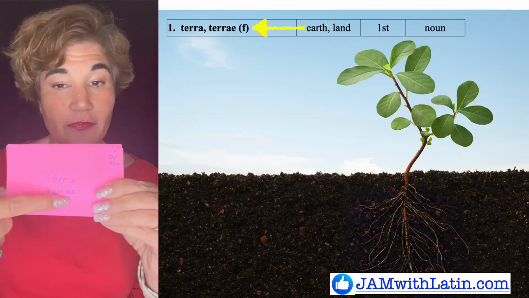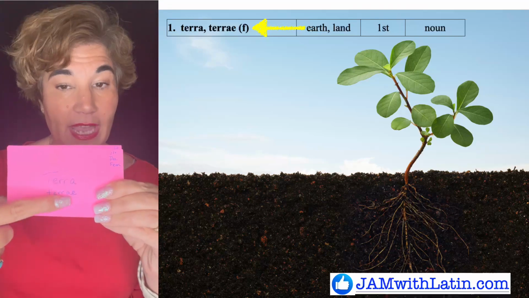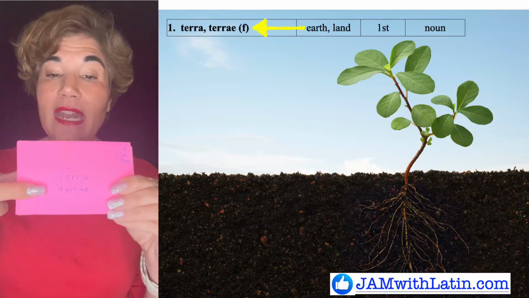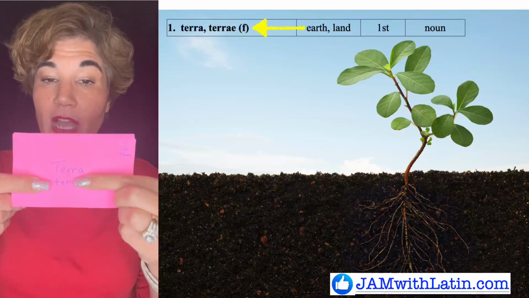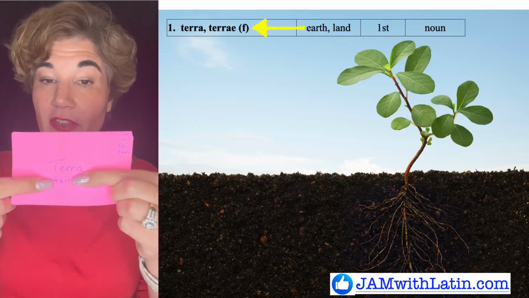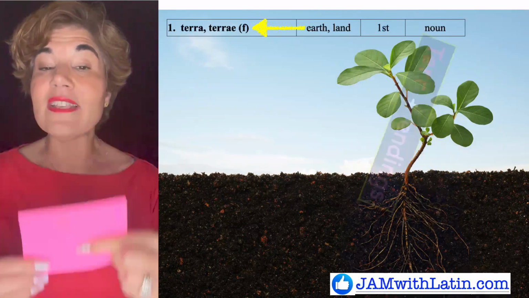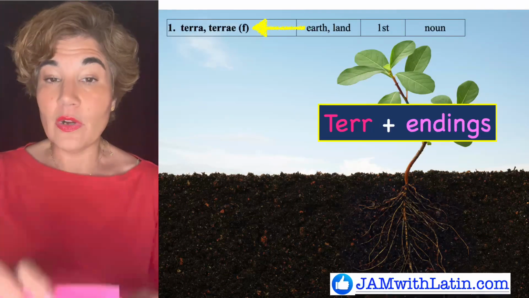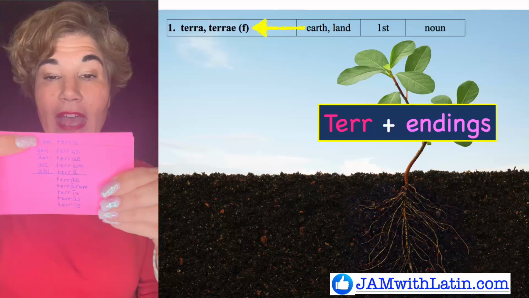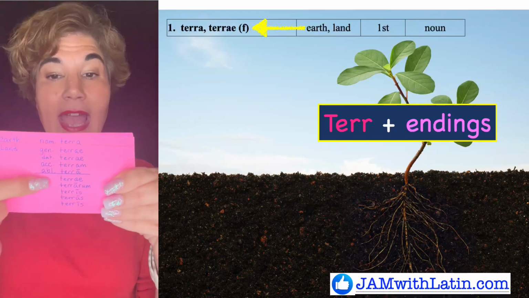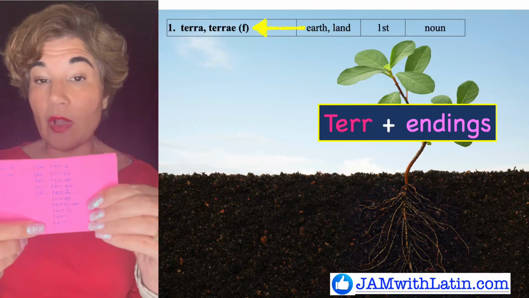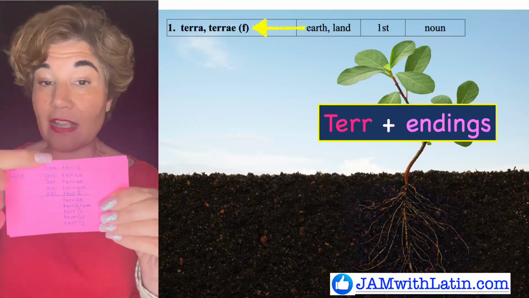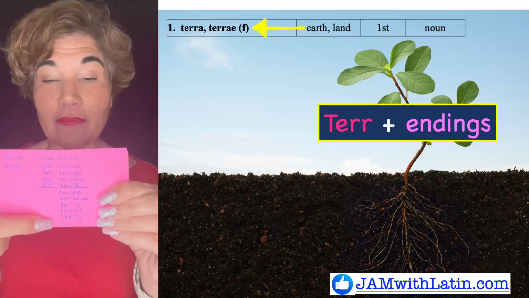This shows us it's first declension because first declension has a and ae endings, and it also shows us our stem by covering the genitive singular ending. So terr is our stem. Terr is translated to earth or land, and we have earth or land in the singular and earth or land in the plural. So every declension has 5 singular and 5 plural.